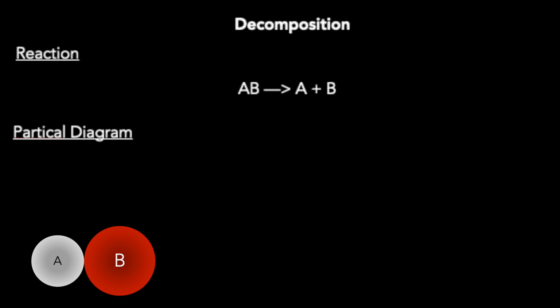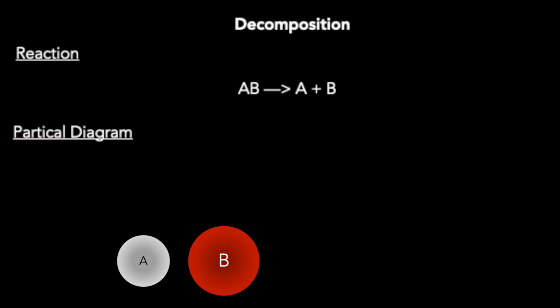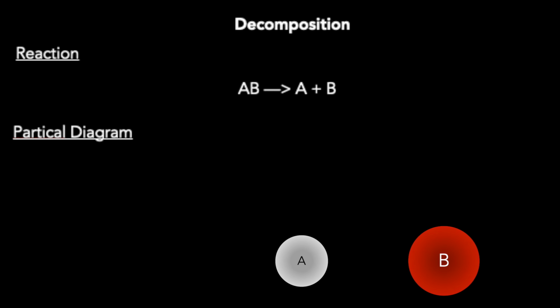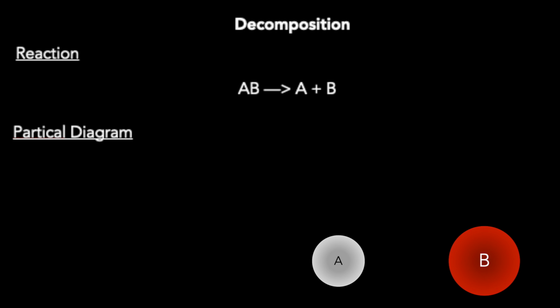Here we start with a compound, AB, and that more complex compound becomes ripped apart into more simple substances, A and B. We can watch how this unfolds in the particle diagram. As the reaction begins, compound AB separates into more simple substances A and B, forming our products. Let's look at the overall process along with the reaction shown.